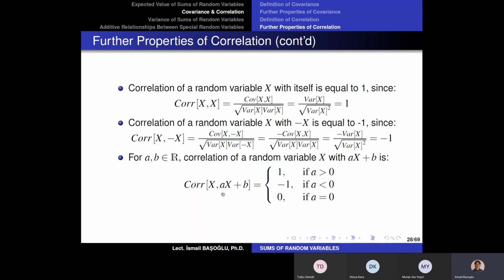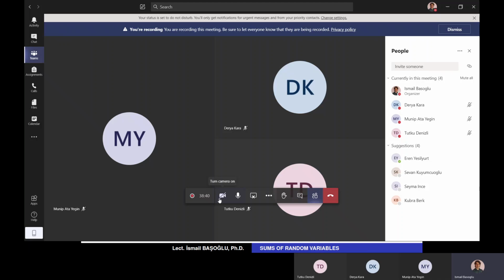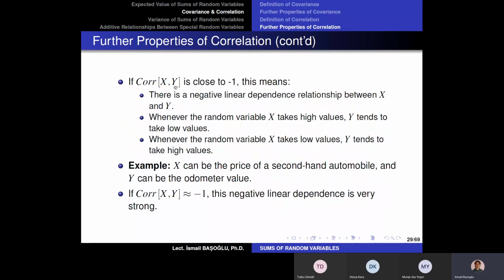If the multiplier a is positive, then the correlation will be equal to 1. And if the multiplier a is negative, then the correlation is going to be equal to -1. Now, of course, we are always talking about specific examples here. Now, let me tell you that we may have correlation values between two random variables which are different than -1, 1, or 0.